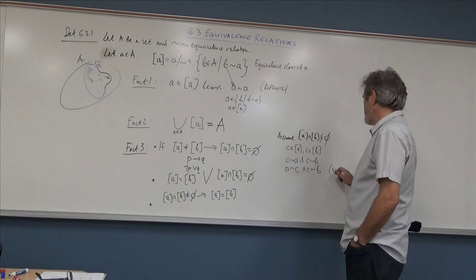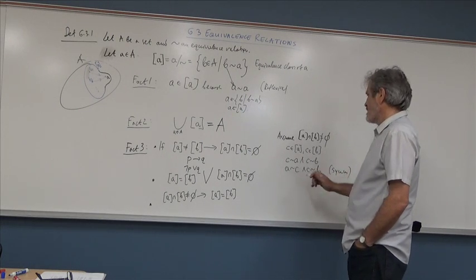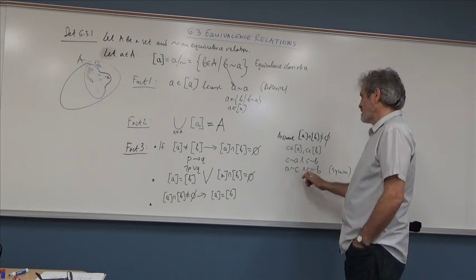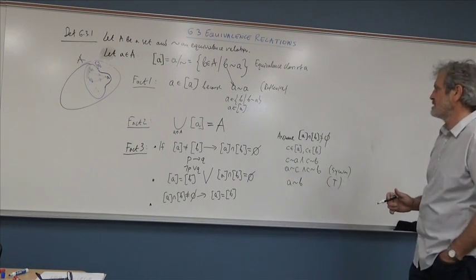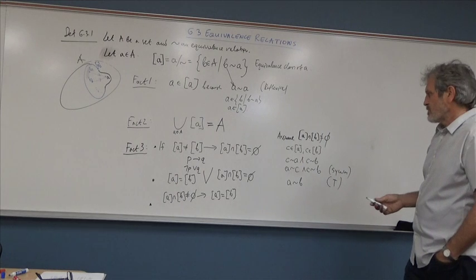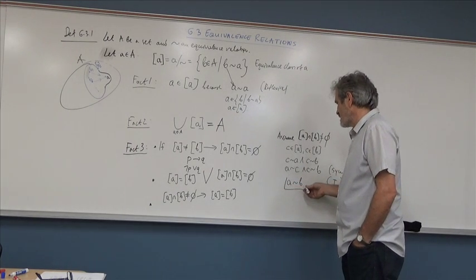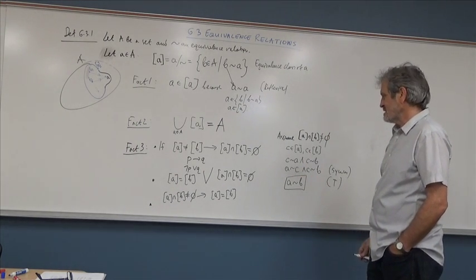I used symmetry. And then A tilde C, C tilde B, I close the triangle. A tilde B is because of transitivity. So I proved that A and B are equivalent, but I'm still not done.